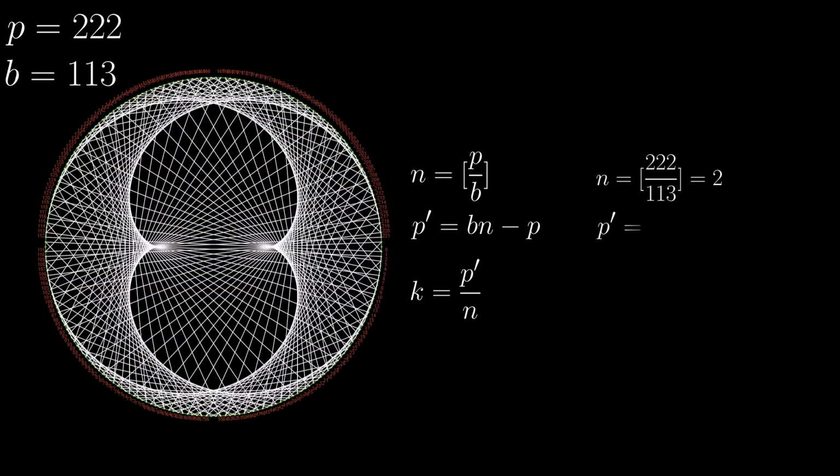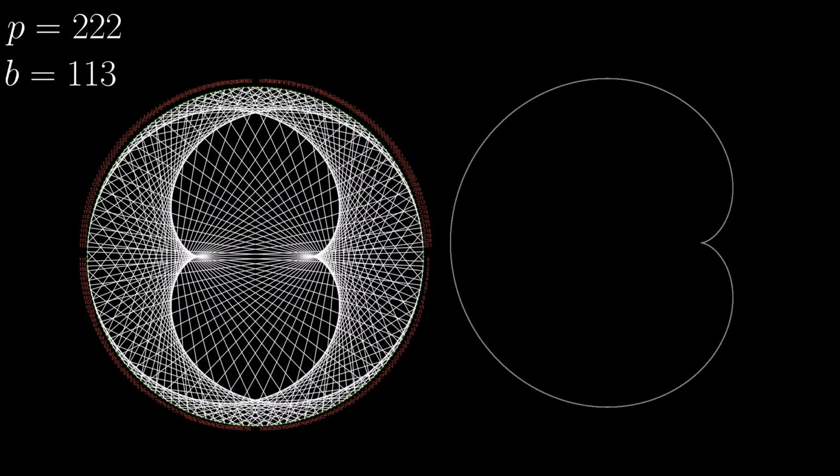If we use the previous conjecture, we find that N is 2 and P' is 4. We have K as 4 over 2, which is 2. But this 2 indicates there should appear a cardioid, but a cardioid cannot match the original picture. Can you observe the difference?